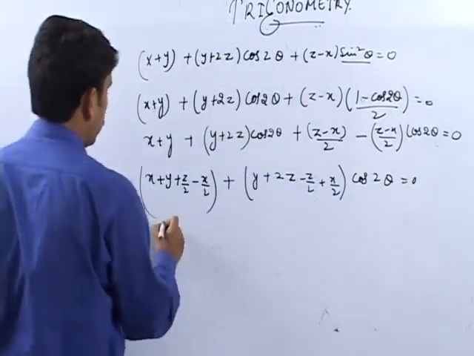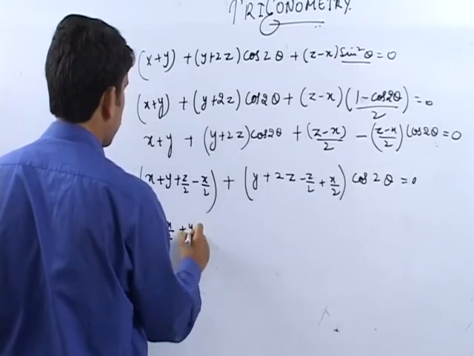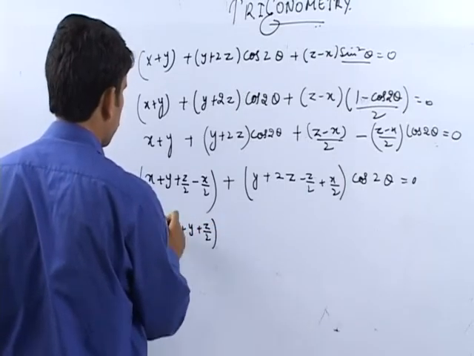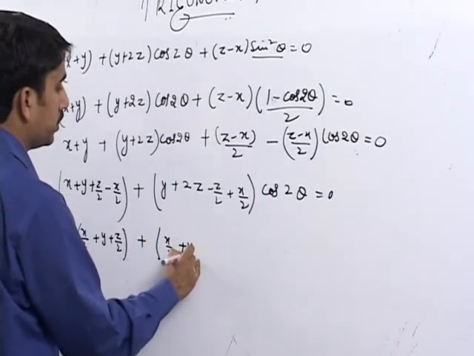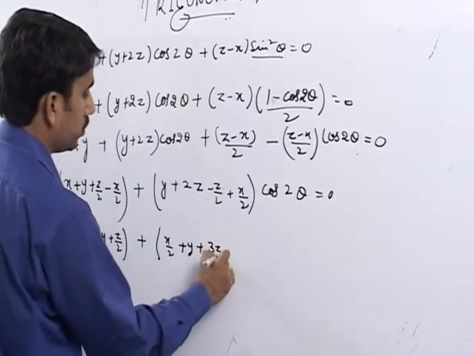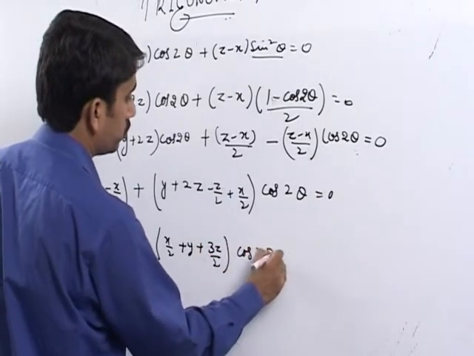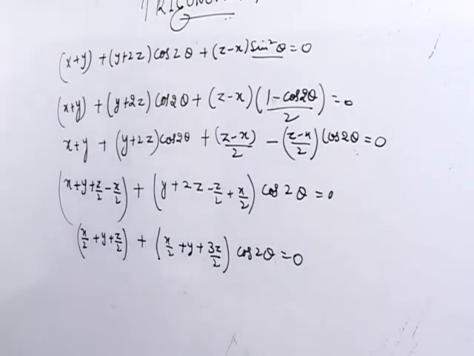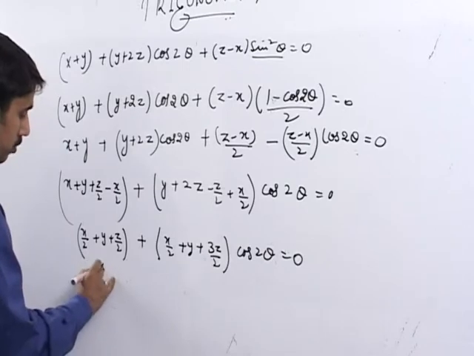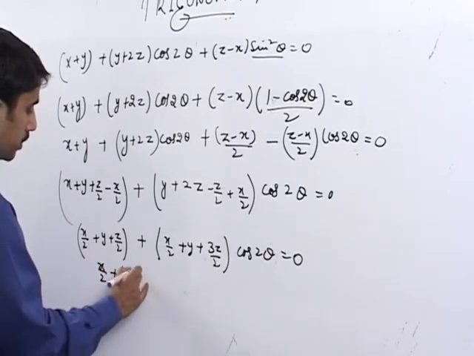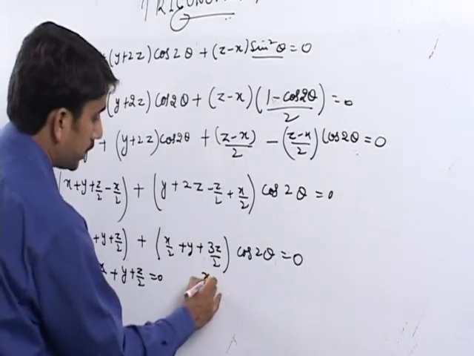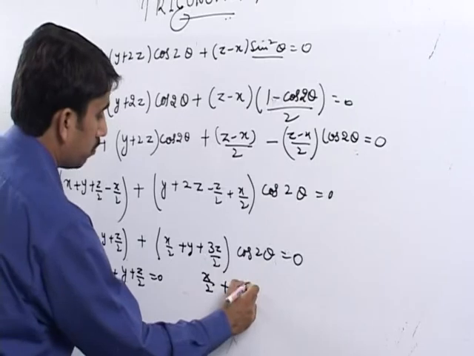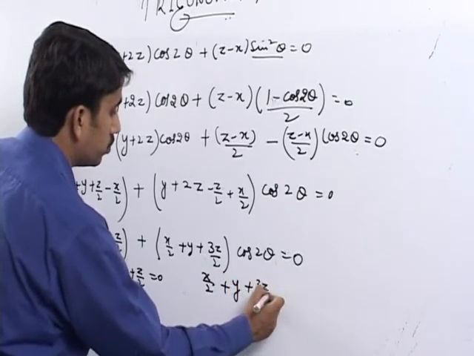Now this will become x by 2 plus y plus z by 2 plus x by 2 plus y plus 3z by 2 into cos 2 theta should be equal to 0. Now if you compare the coefficients, then you will find that this constant is equal to 0, that means x by 2 plus y plus z by 2 is equal to 0, and secondly x by 2 plus y plus 3z by 2 is equal to 0.